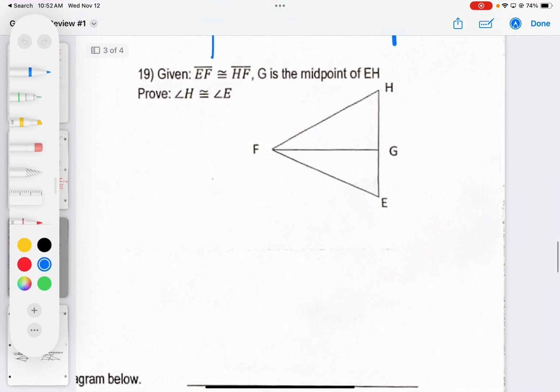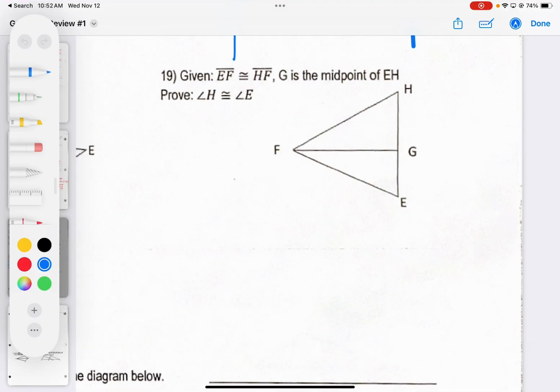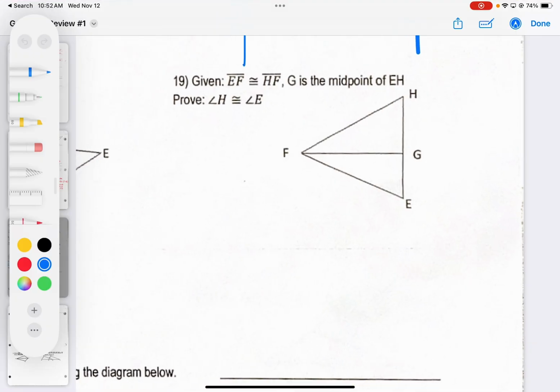Okay, 19. I always get excited when there's a midpoint one. First impressions on this, though. Yeah, it's bigger. Okay, I like the first impressions. What is different about this one?